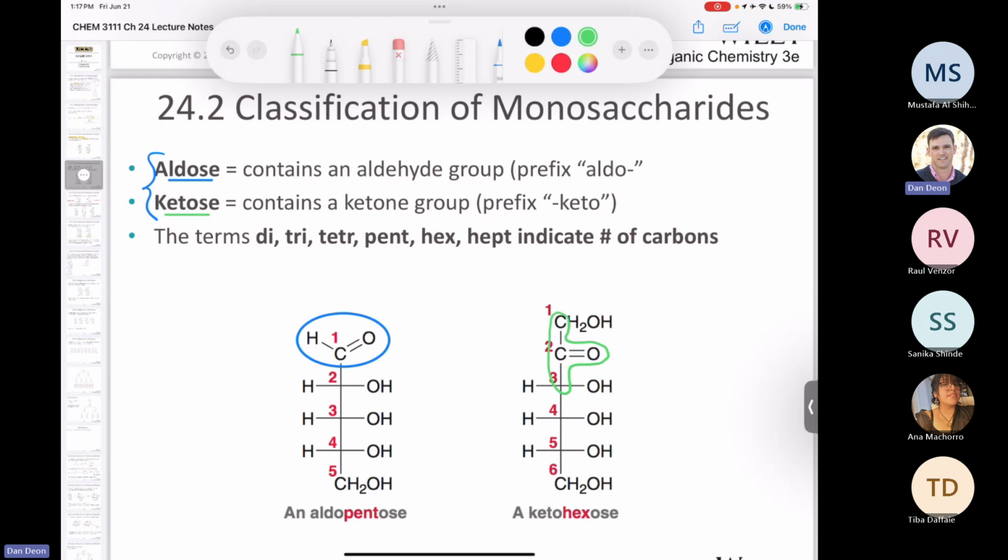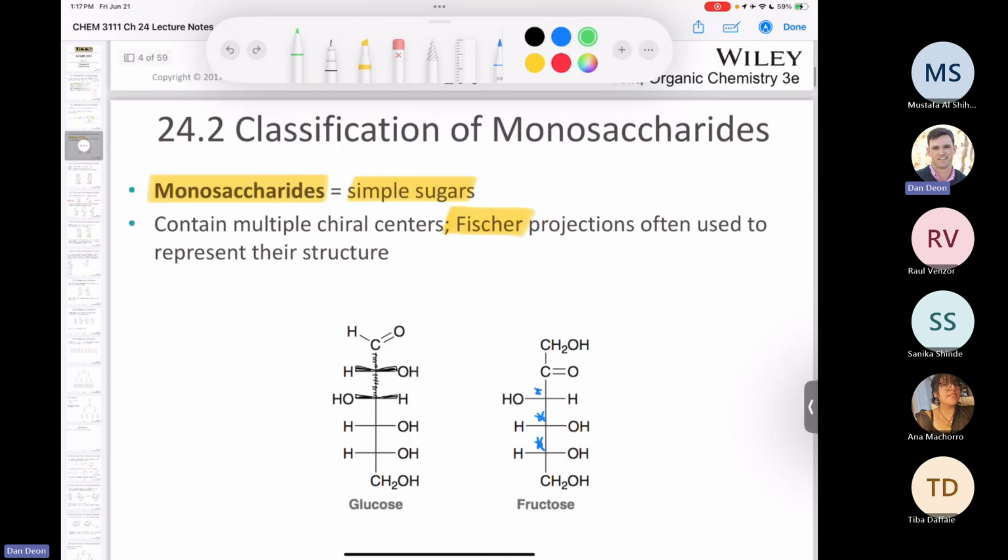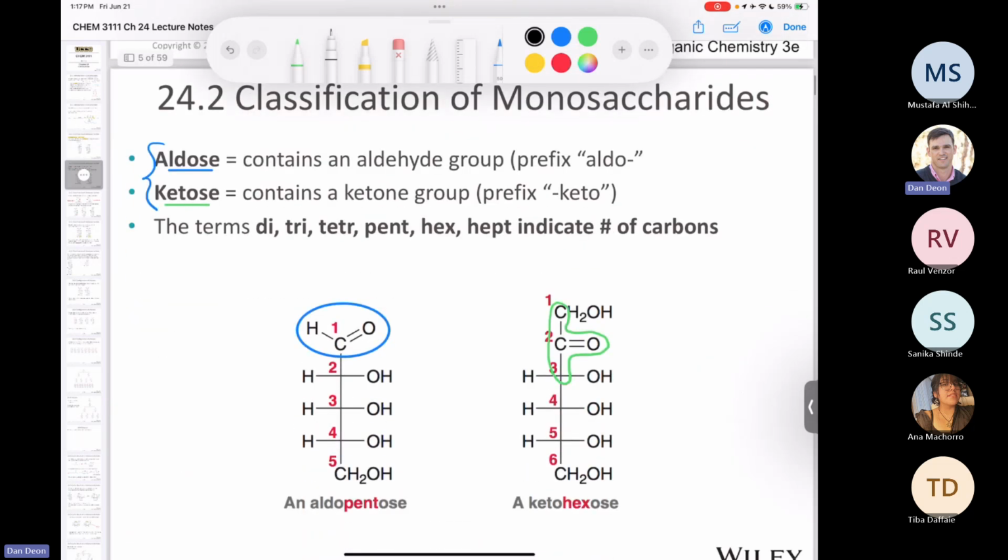So now, if we have an aldose or a ketose, you've probably noticed that if you compare this aldose, okay, with glucose, which is also an aldose, you notice they have different number of carbons, right? Glucose has a formula which is C6H12O6, but if we go over to this aldose here, you can see it does not have 6 carbons. It has a total of 5 carbons.